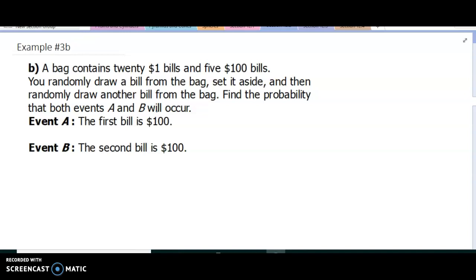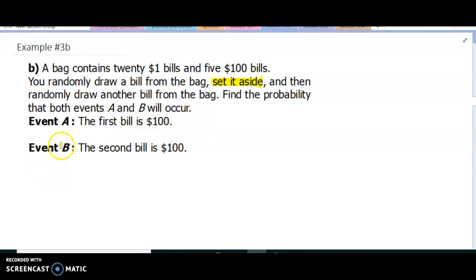It says a bag contains 20 $1 bills and 5 $100 bills. You randomly draw a bill from the bag, set it aside, and then randomly draw another bill from the bag. Find the probability that both events A and B will occur. So event A is the first draw is $100, and event B is the second draw is $100.